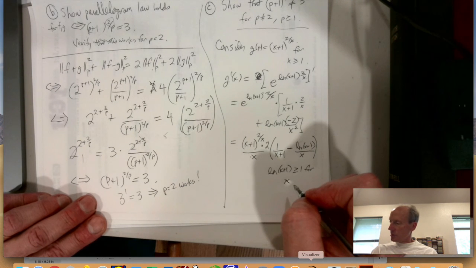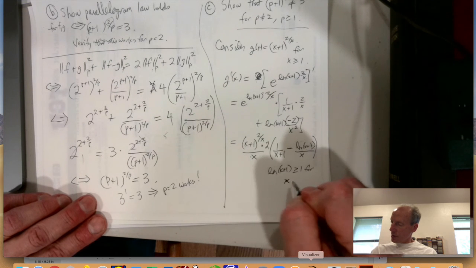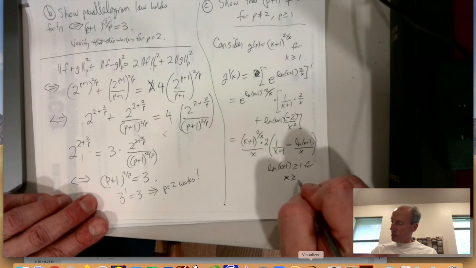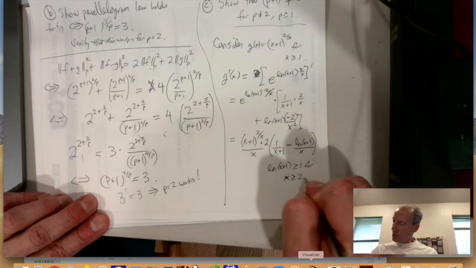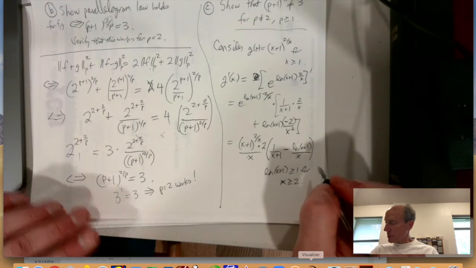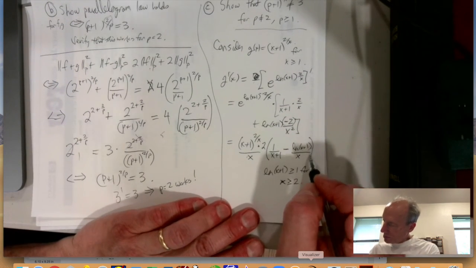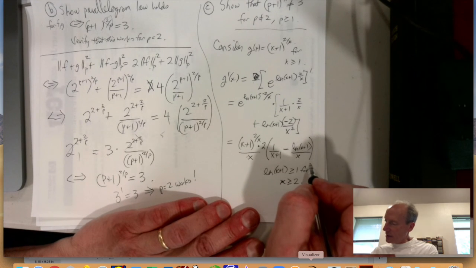Actually, for x greater than or equal to, well, as long as this is at least e. So let's say 2. And so then this would be negative, and you can also check plugging in 1.